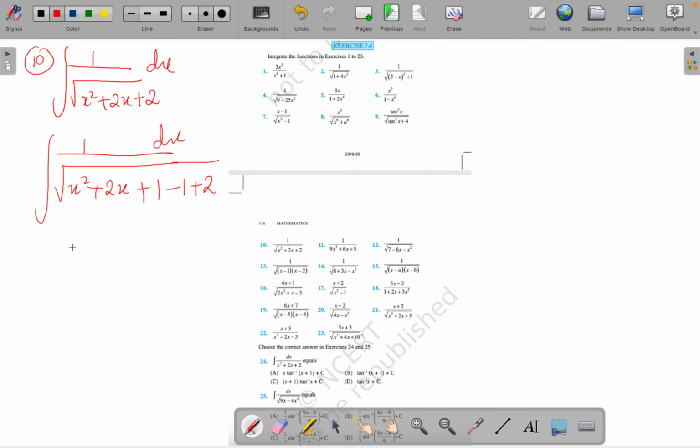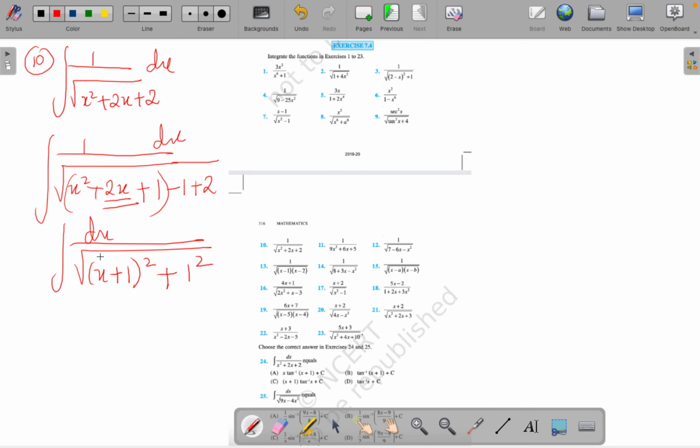Okay, so now have a look, children. Whenever the x term is positive, we will be able to make x plus 1 whole square. So these three terms are combined together: a square plus 2ab plus b square. So here we are left with plus 1 square. Now we can use the formula directly, 1 upon under root of x square plus a square.